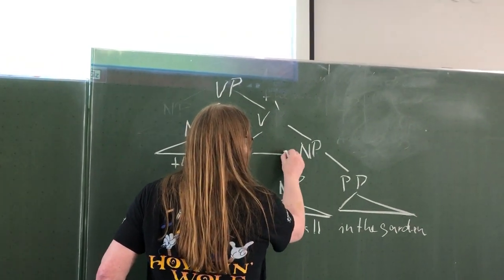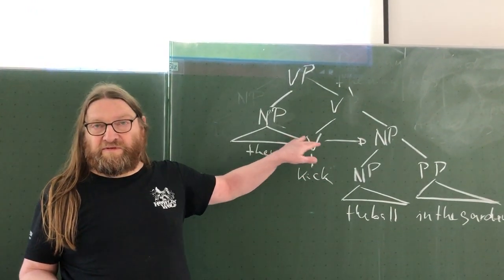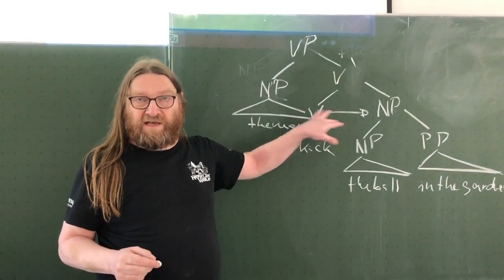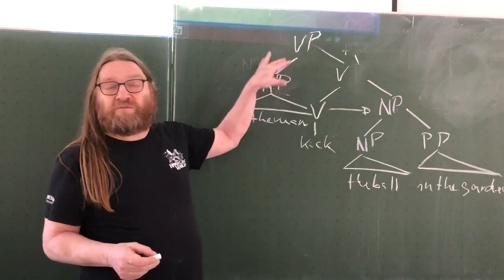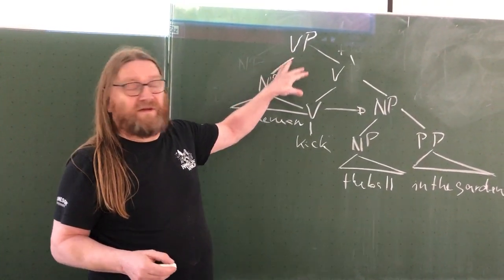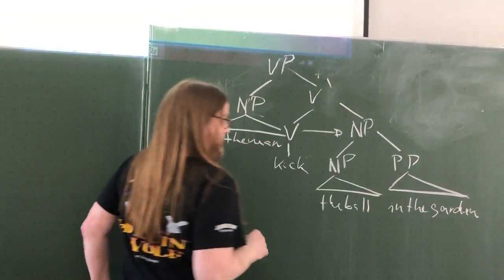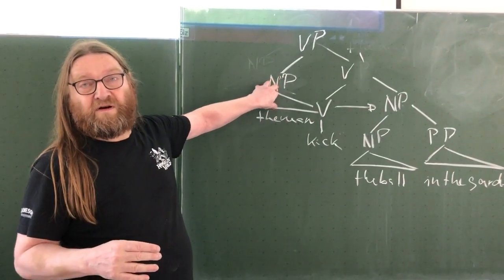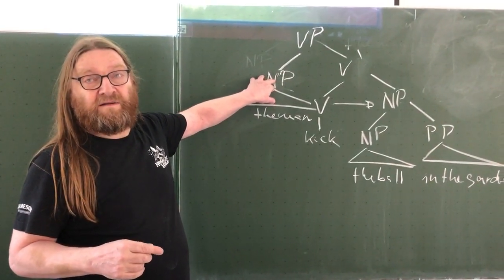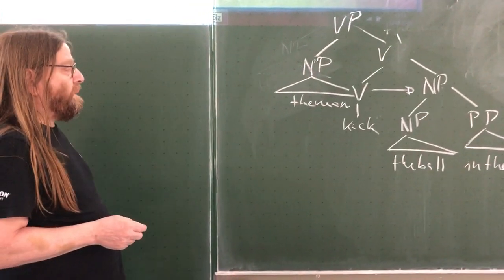On the one hand, we have the complement of the verb kick, which has the closest relation to the verb. And then we add a subject to the result. And we say this part, kick the ball in the garden, is predicated of the subject, the man. All within the verb phrase.